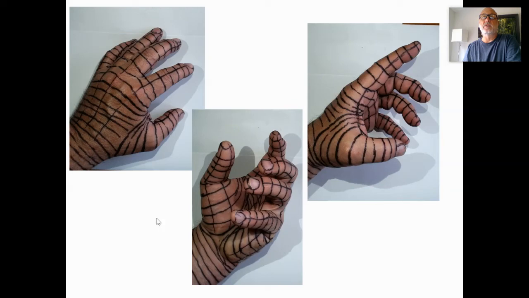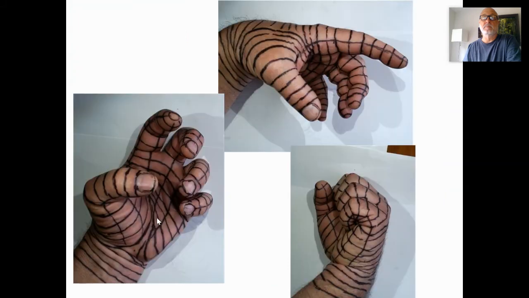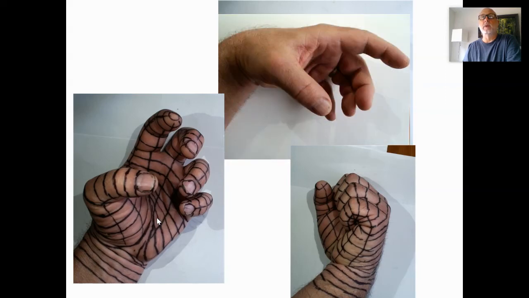The contour lines are going in a different direction. When you draw, you want to be able to see these contour lines where they don't actually exist. You want to be able to understand the curve around the surface of a form.